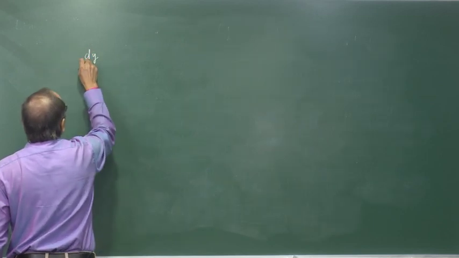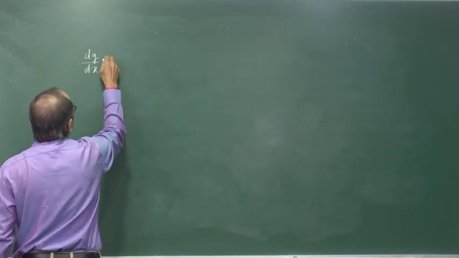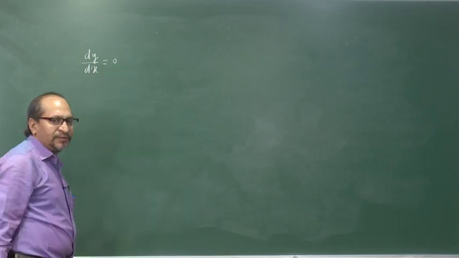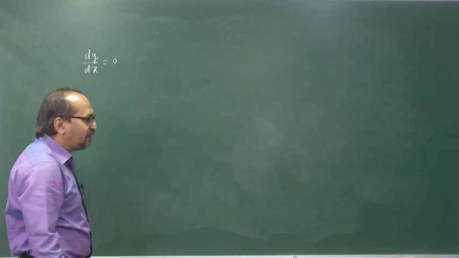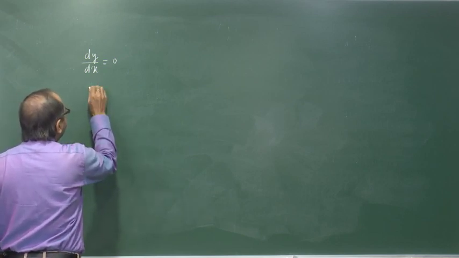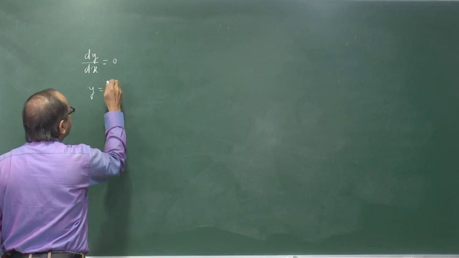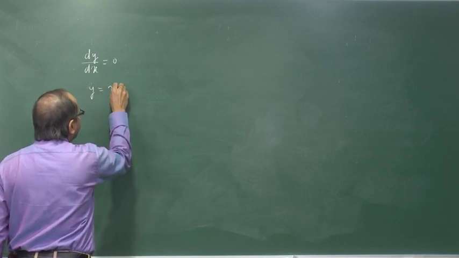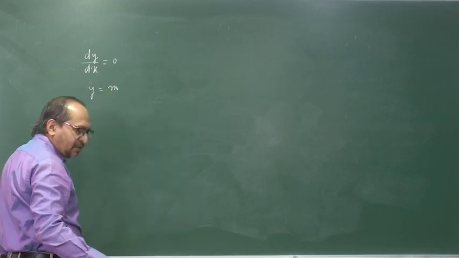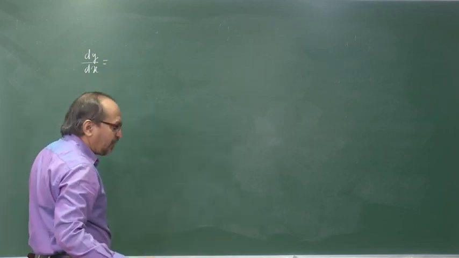Let us say dy by dx is equal to 0. This is also a differential equation, right. Then the solution is y is equal to some constant m. No, let us say dy by dx is equal to x.